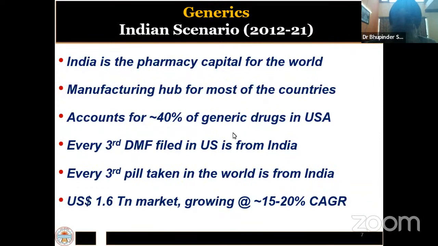In this regard, India is considered to be the pharmacy capital of the entire world, and it's a manufacturing hub for most of the countries, as everyone knows.